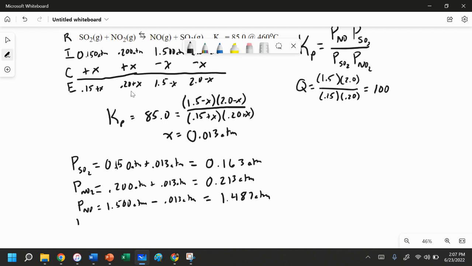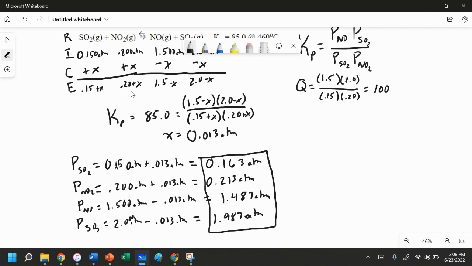And then our last one, our partial pressure of sulfur trioxide, that's going to be 2.0 atmospheres minus 0.013 atmospheres, which is our value of X. And when you solve that, you should get 1.987 atmospheres. And so these are our equilibrium partial pressures.